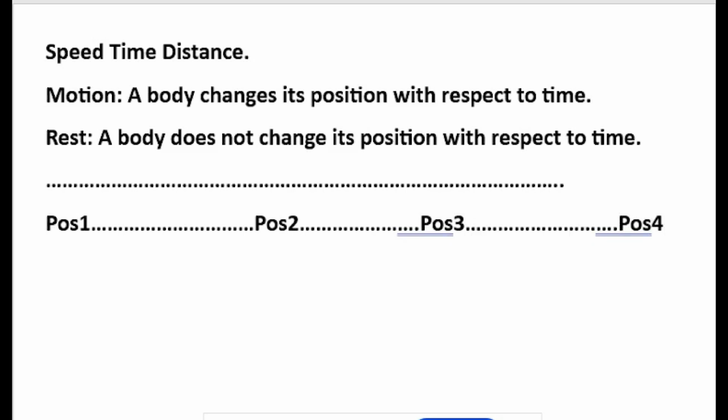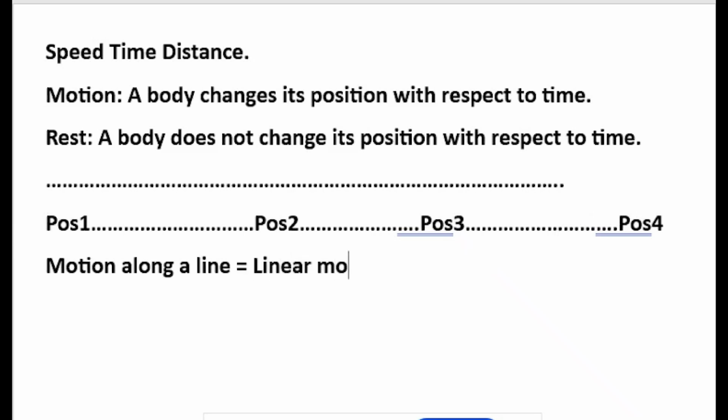It is not turning round, not going round and round. It is moving along a line, not in a circle. This is called linear motion.